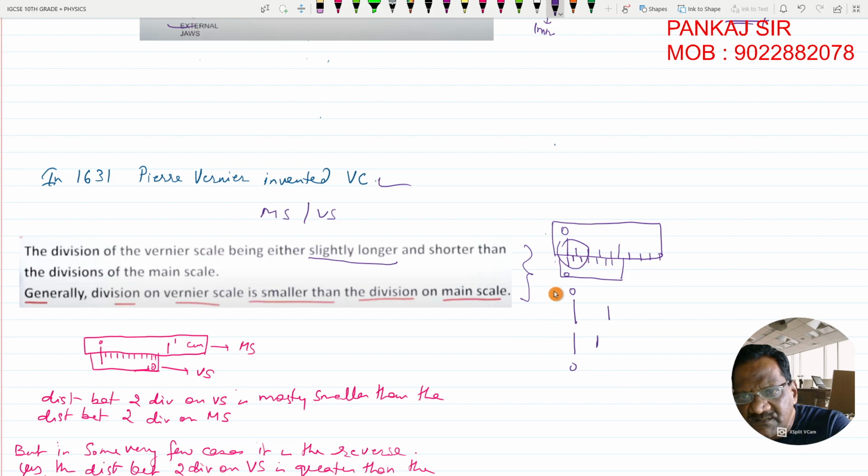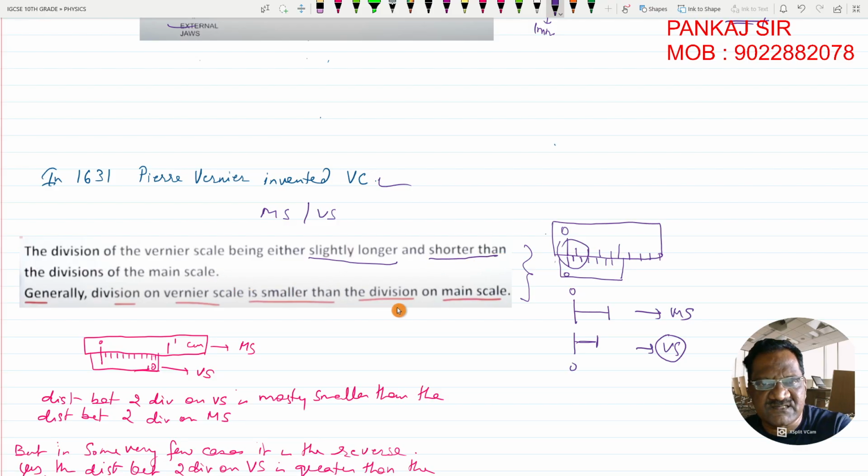So this is your main scale and this is your vernier scale. Can you see the distance between two consecutive divisions on the vernier scale is slightly lesser than the distance between two consecutive divisions on the main scale? So this is a situation where the vernier scale division is slightly shorter than the division on the main scale.